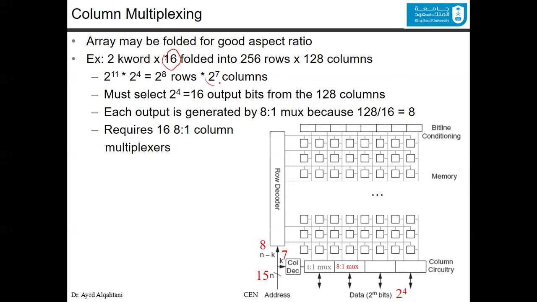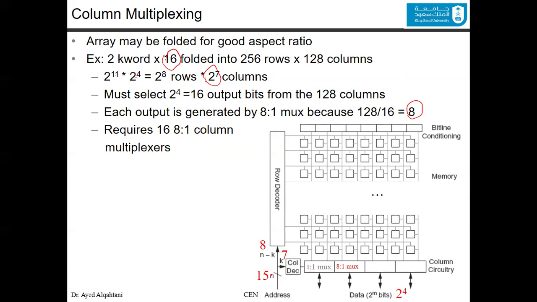Now we must select 16 outputs, since we said it is actually 16 bits. And we have 2 to the power of 7 columns, which is 128 columns. So the multiplexer will be 128 divided by 16, which is equal to 8. So the multiplexer here is 8 to 1. And the address line, since we have 2 to the power of k words, will be 15, since when we multiply those 2 together, we had 2 to the power of 15.